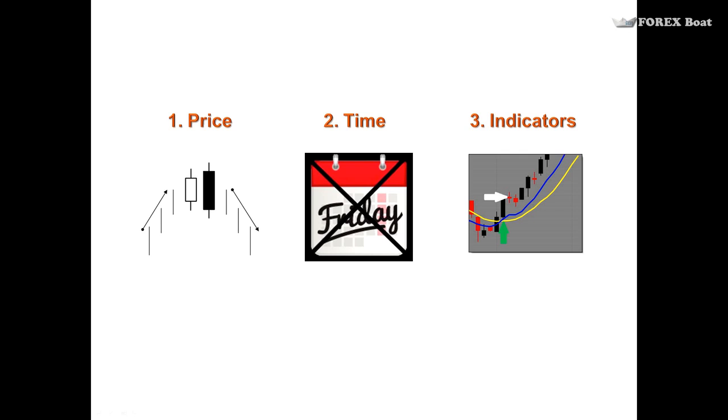Of course, there are other rule-based decisions or ways you can create these things. For example, one of them is funds. You can base your rules around how much money you have left or how much money you have earned, and that's going more into money management. But in this course, we won't be talking about that.